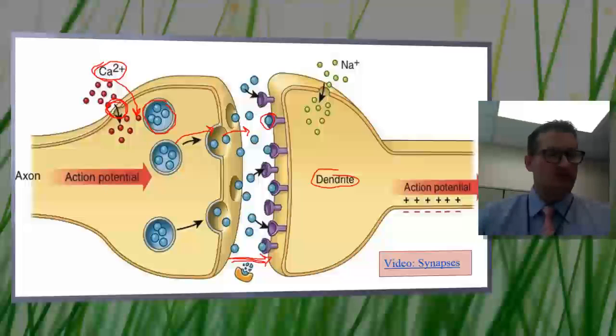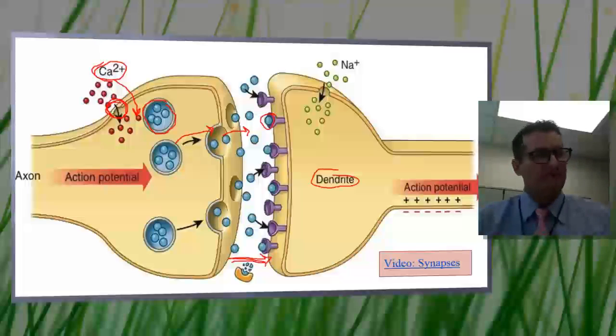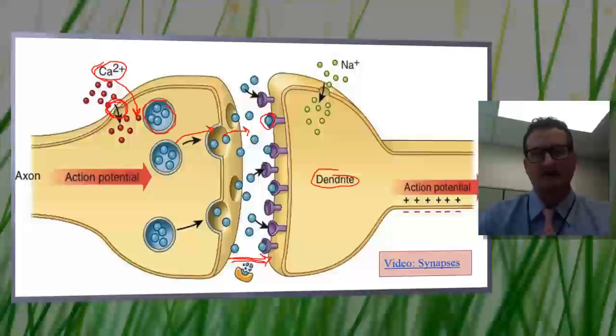The specific neurotransmitter determines whether the impulse continues, called excitation, or whether the impulse is stopped through a process called inhibition. So these neurotransmitters can actually prevent a stimulus from propagating through inhibition.